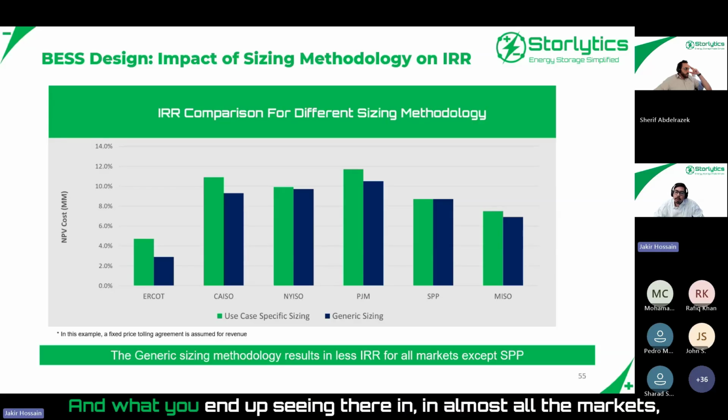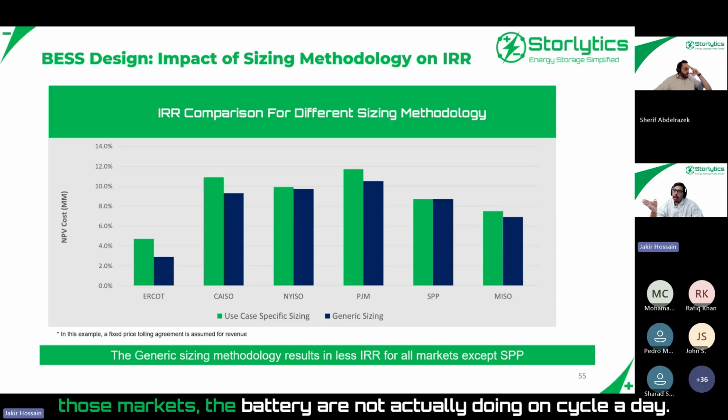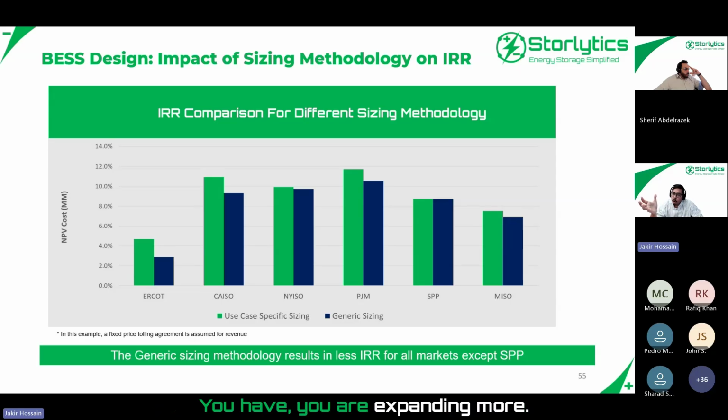And what you end up seeing in almost all the markets is that generic sizing actually gives you less IRR, because in most of those markets the battery is not actually doing 1 cycle a day. So you are buying a battery that you don't really need. You're expending more, and in that process your cost is elevated, and that's causing you to get less IRR.